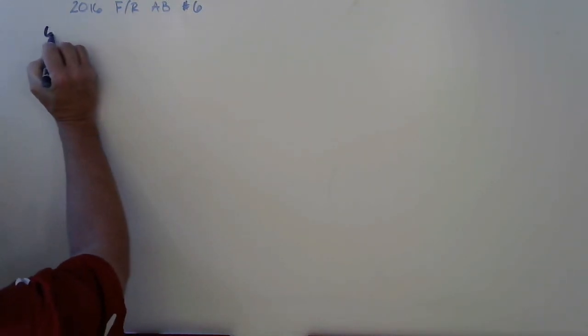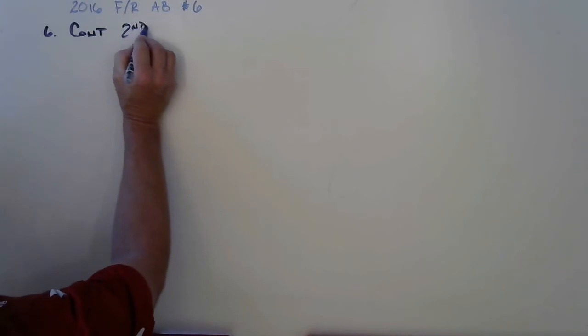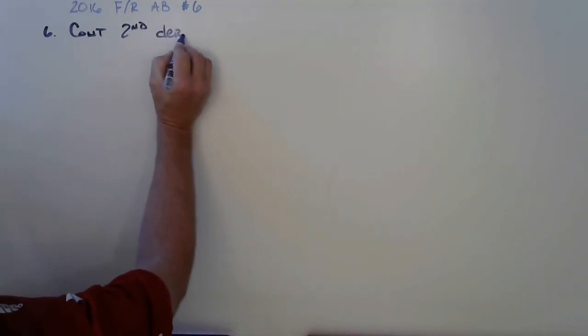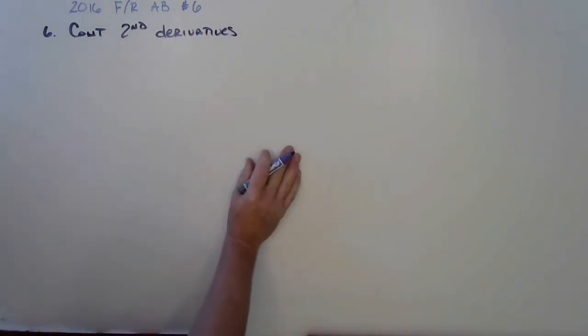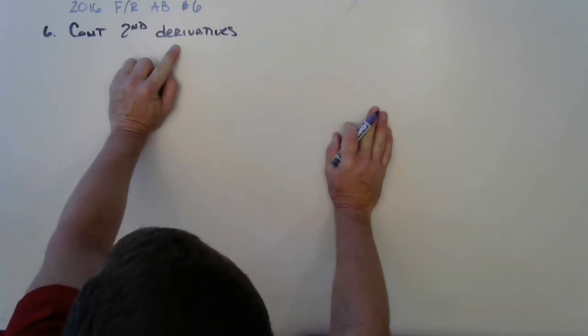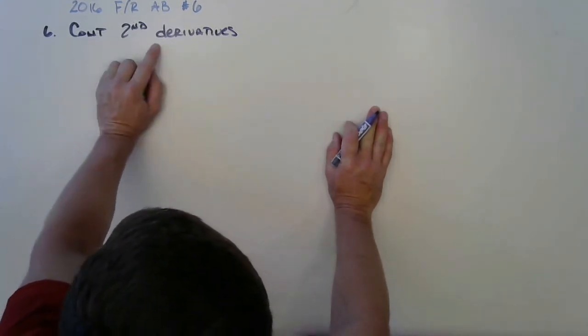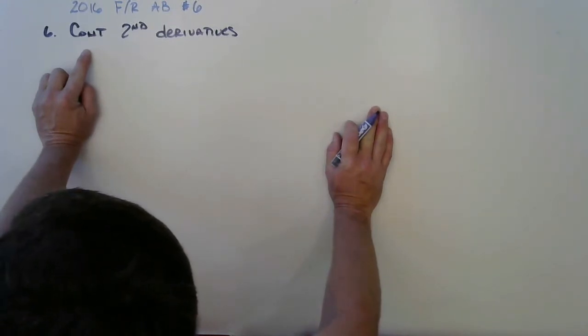So it says the functions f and g have continuous second derivatives. So this is number 6. Continuous second derivatives. And what does that mean? It means the second derivatives exist. Well, if the second derivatives exist and are continuous, then the first derivatives are continuous.